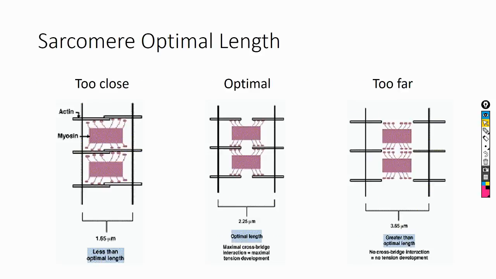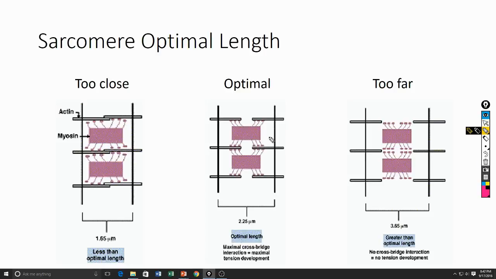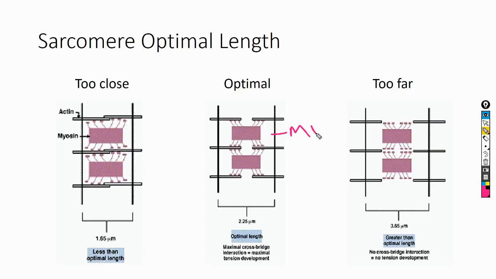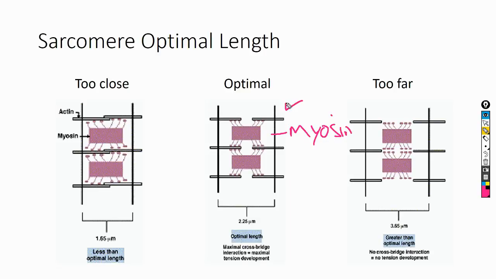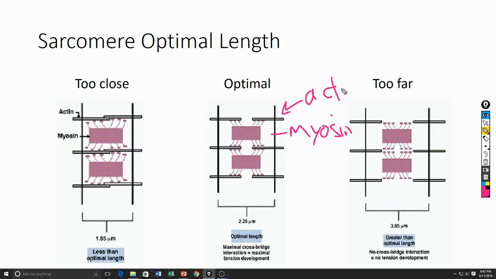So, if we look at this, here we have our myosin, and then actin, of course. Actin, myosin, these are cross bridges. Within an optimal orientation, resting plus or minus 20%, you have the ability for these cross bridges to match up and align with the actin thin filament more optimally.